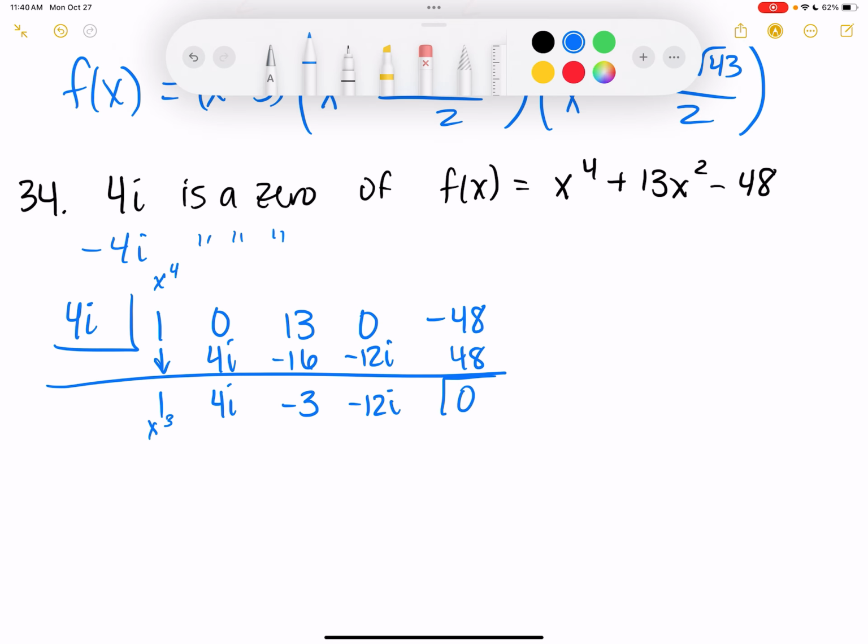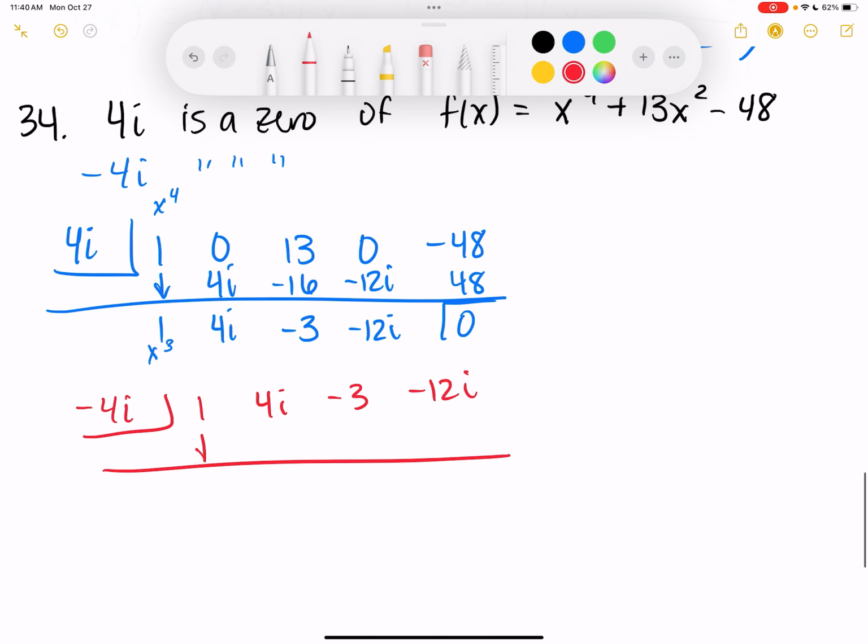So now I'm going to do negative 4i with the remaining numbers. So 1, 4i, negative 3, negative 12i. And I'm going to keep going. Bring down the 1 times negative 4i. Negative 4i plus 4i is 0. Times negative 4i is still 0.